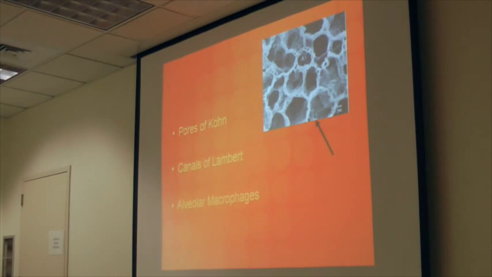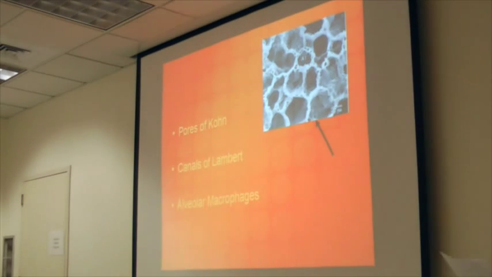Yeah, so it helps with cross ventilation. Keeping the windows and the doors open, you get better ventilation. So the pores of Kohn help air to move to alveoli that aren't getting a good air supply. I just have written openings between alveoli, so you can write down what you want for that.